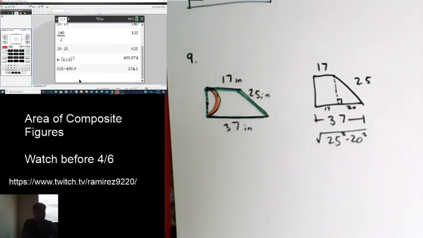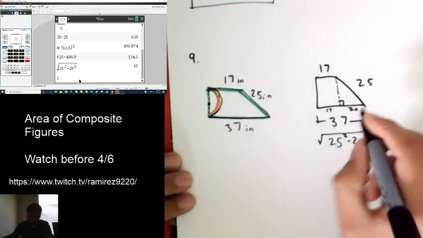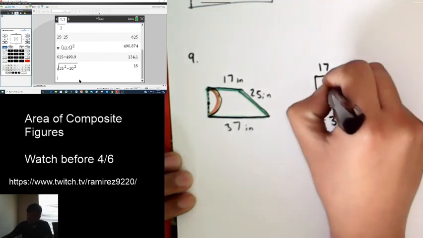So the square root of 25 squared minus 20 squared, and it's 15. I now know that this is 15.